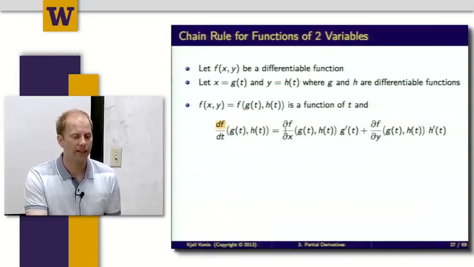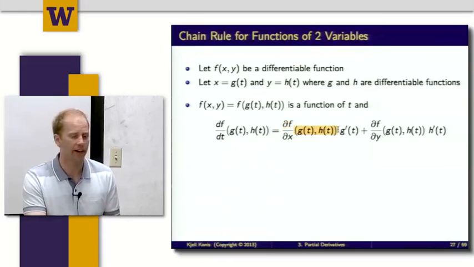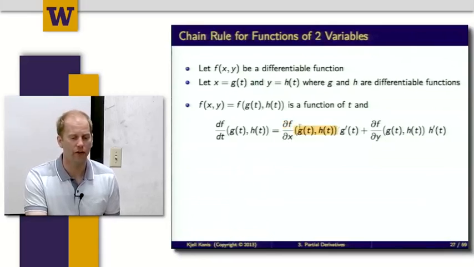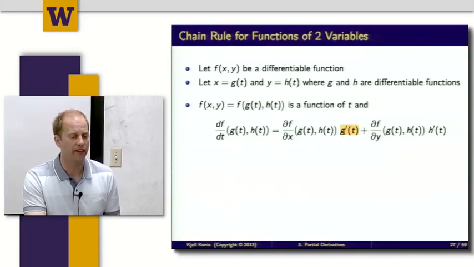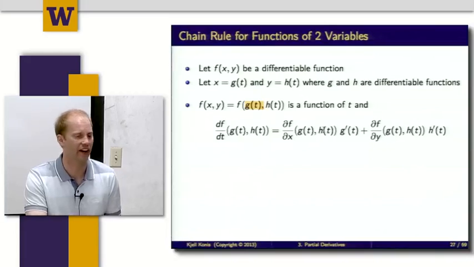The way I'm going to get that is to take the partial derivative of f with respect to x, which is going to be a function of x and y. But then by the chain rule, I have to multiply this by dx dt, so g prime of t. Here it's going to be advantageous to use the other notation, which will be in the next line.